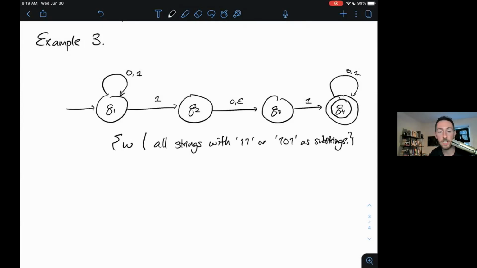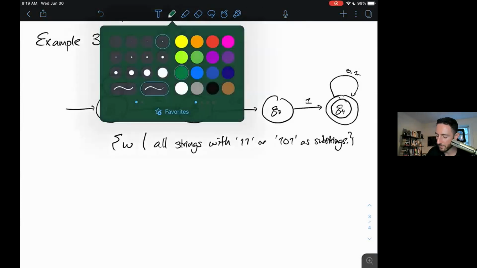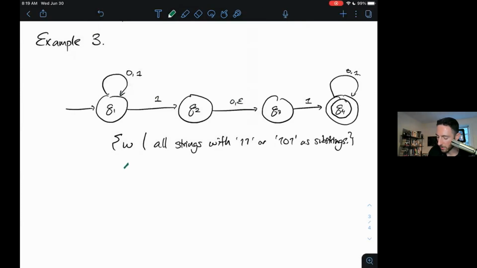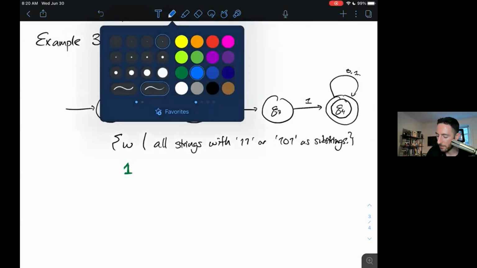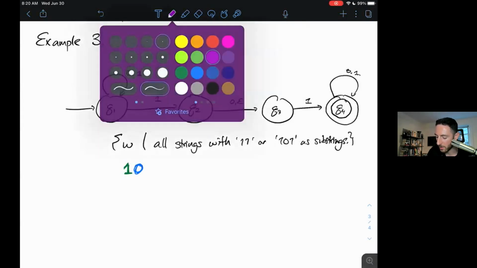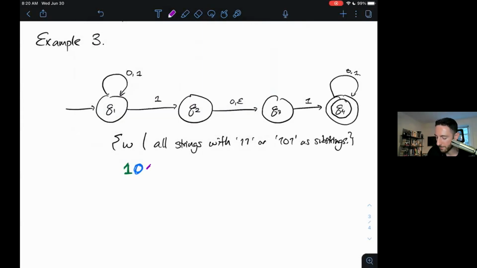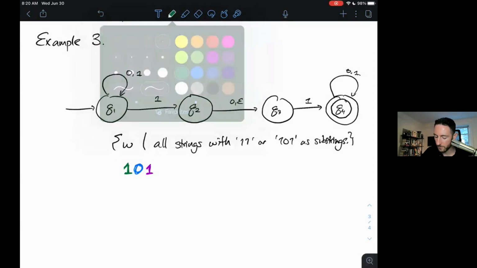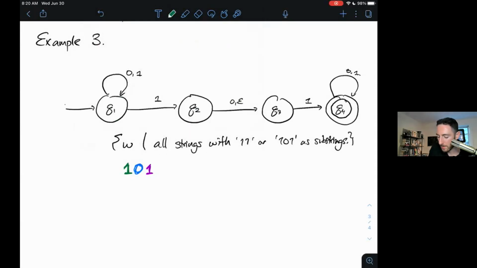But let's track the execution anyway, just so we can see how crazy it gets. For this, we're going to consider the string 101, and I'm going to draw all 3 characters in different colors, so we can keep track of what's going on at any moment in time. This will help keep things just very slightly neater. Okay, so we start at our start state, and we read in a 1.